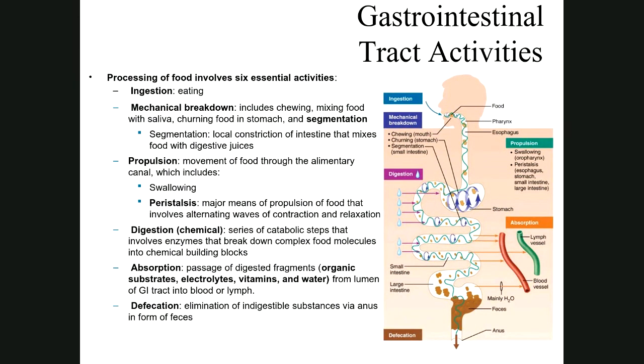Either into the blood or into the lymph, absorption. What is seen here in brown is defecation, which is elimination of whatever is not digested by our body. And it's eliminated in the form of feces. Okay?